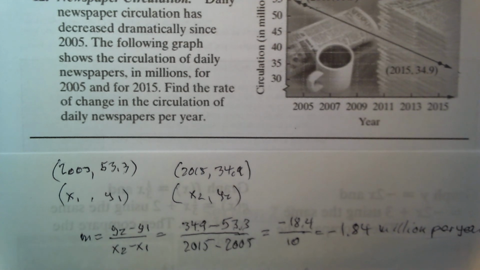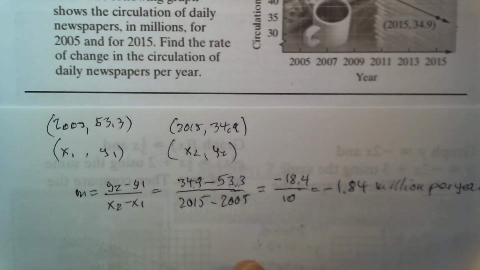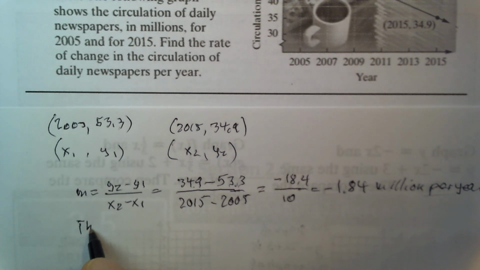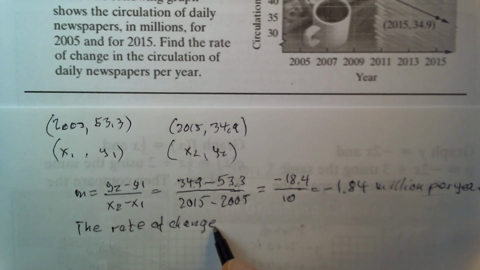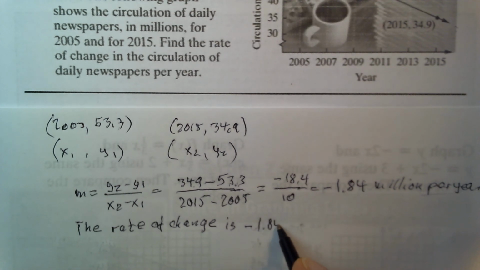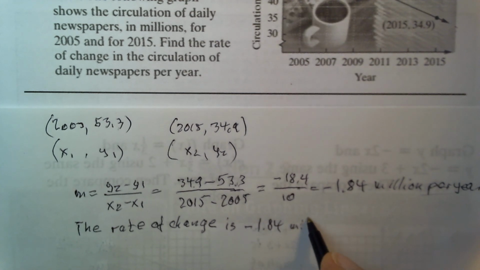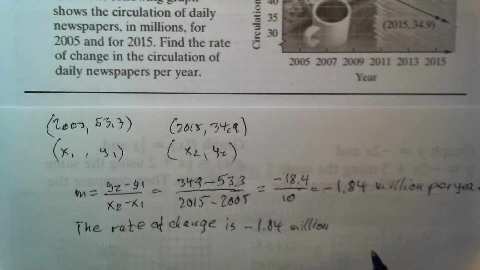So in other words, the rate of change is minus 1.84 million papers per year.